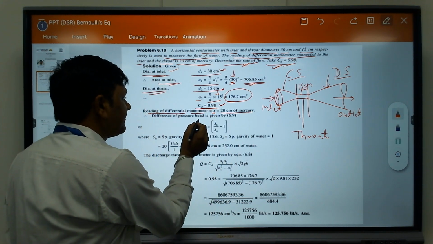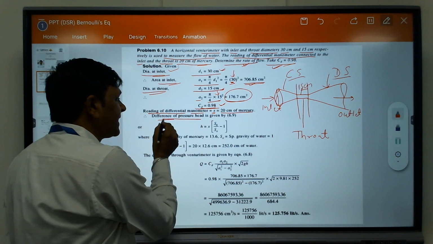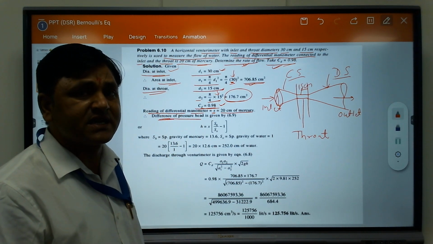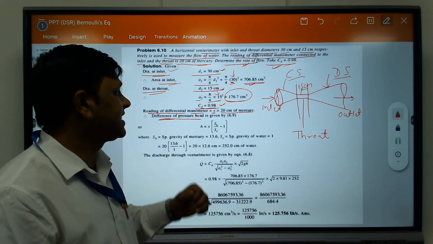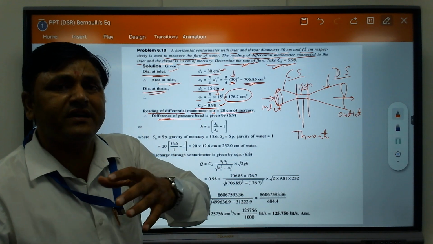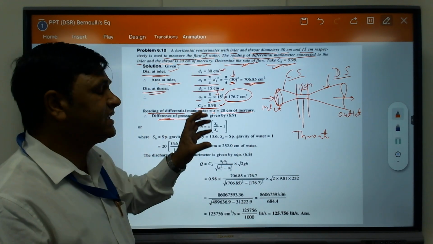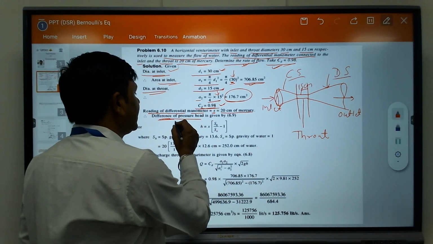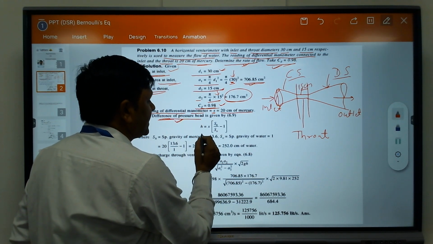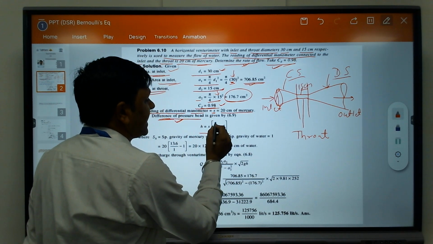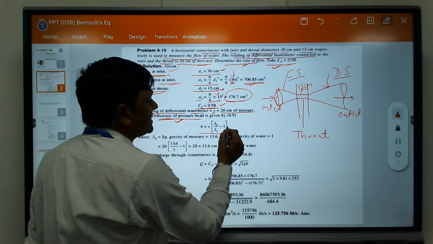So the difference of pressure head, as we have already discussed for the different cases in our previous lectures. Now using the equation, the difference of pressure head H is equal to X times (SH over S naught minus 1).